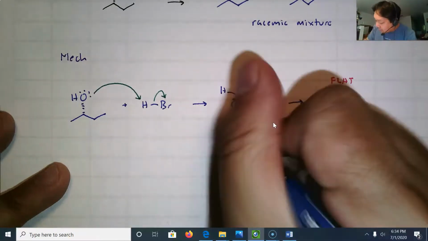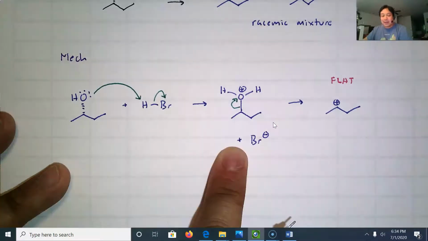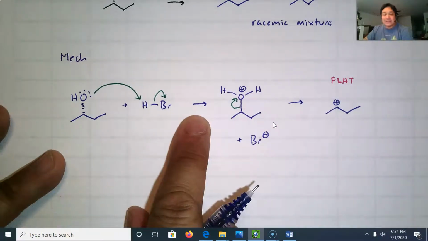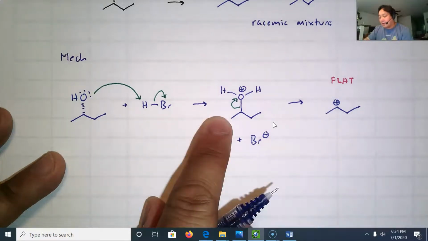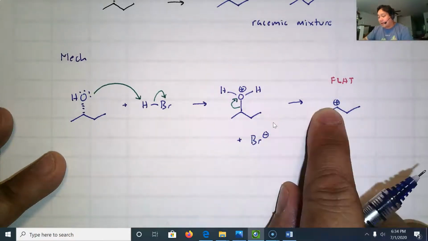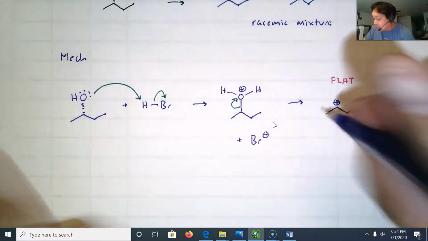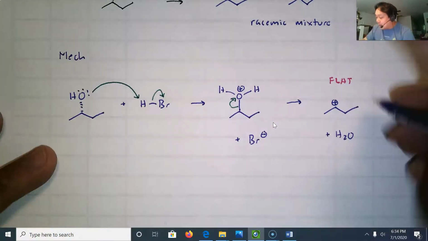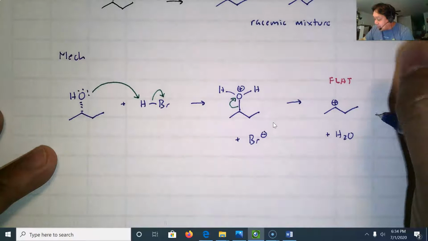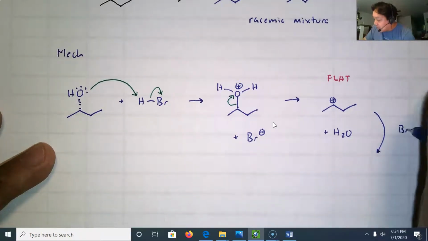Also, I'm a little bit of a stickler. I want you to draw every product that's made in each preceding step. So we did produce a Br minus through this arrow. Through this arrow, the Br minus is not involved, but we did produce water, H2O. The last step in this 3-step mechanism is to add the Br minus.